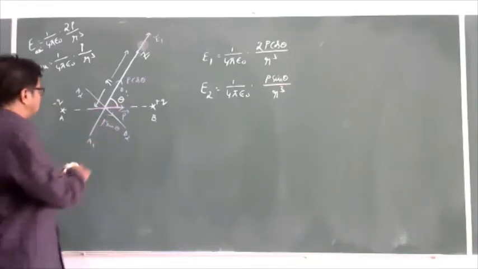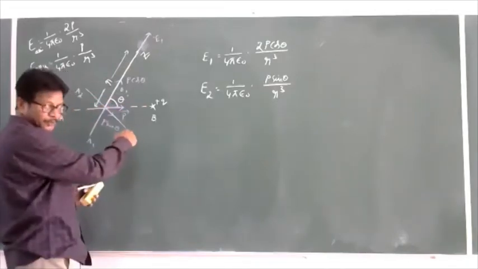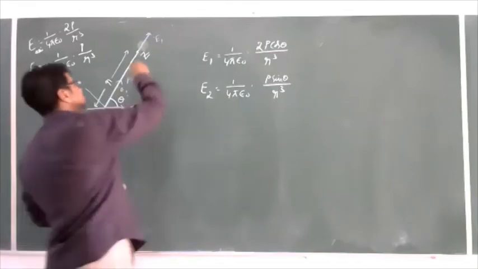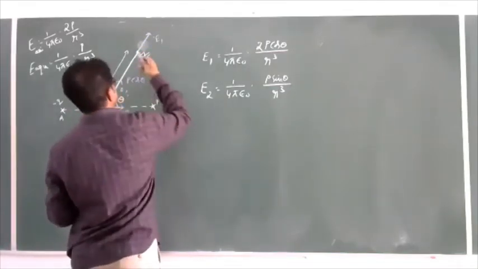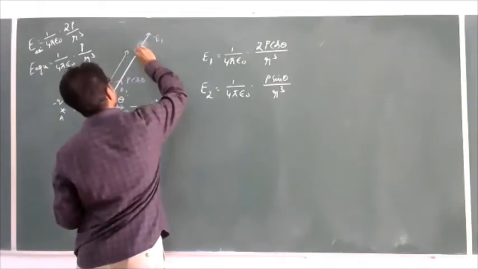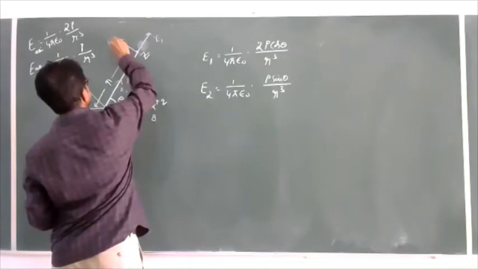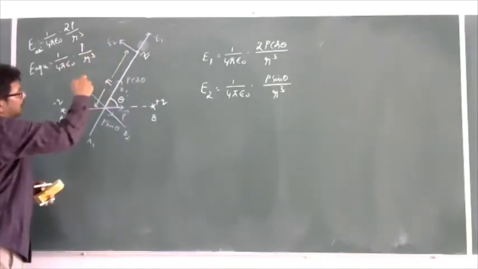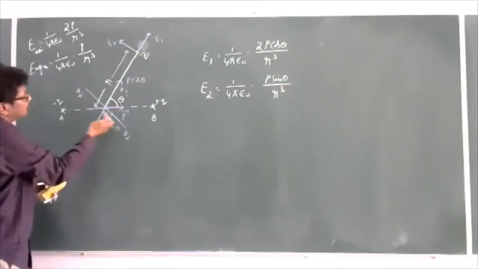So parallel means it should act parallel to this A2B2 and opposite to this P sin theta. So this will act in this direction, E2. So E2 is parallel to A2B2 and opposite in direction to P sin theta.